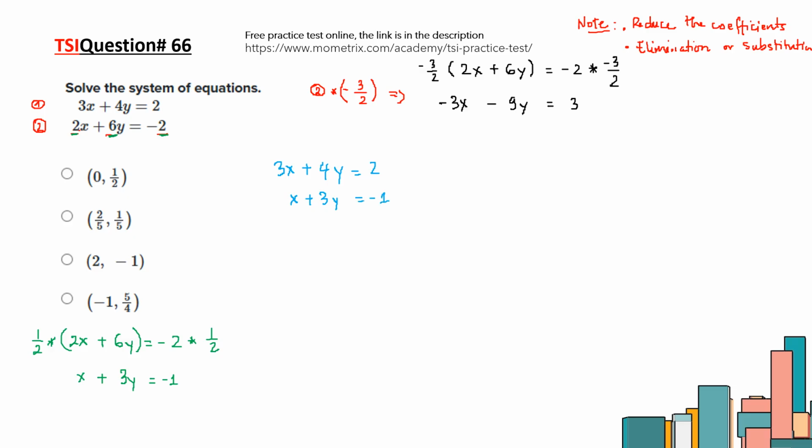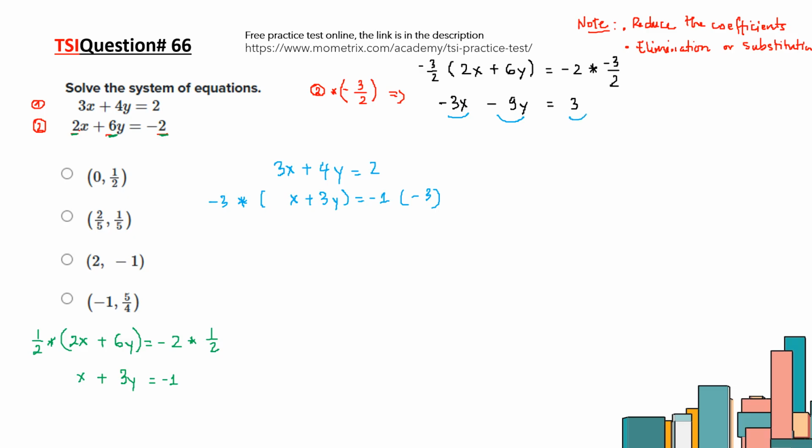To eliminate x, I have to multiply both sides by negative 3. Then my equation number 2 becomes negative 3x minus 9y, because negative 3 times 3y is negative 9y. On the right hand side we have negative 1 times negative 3, that is positive 3.